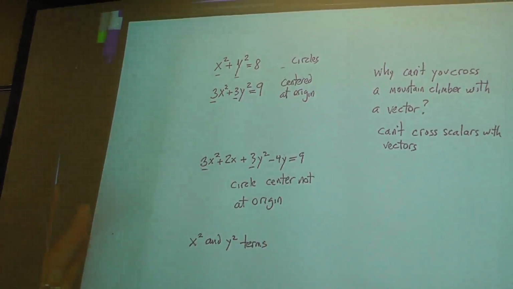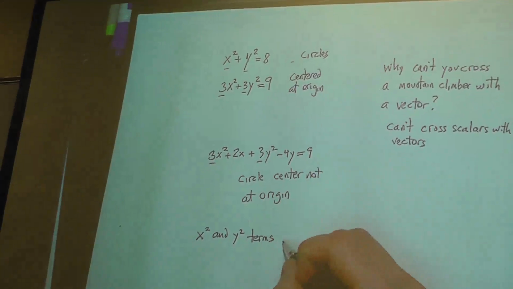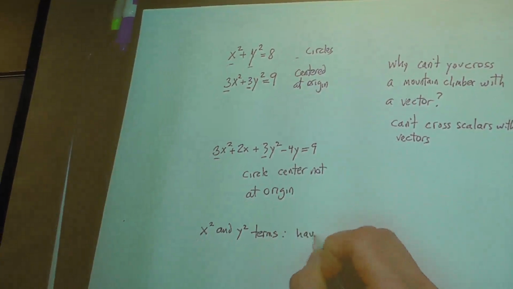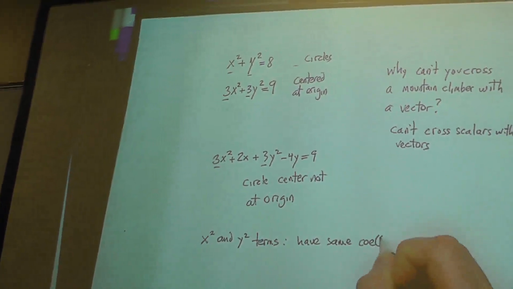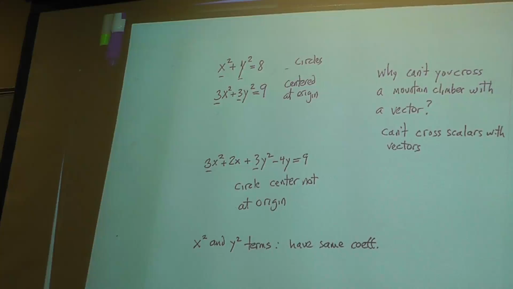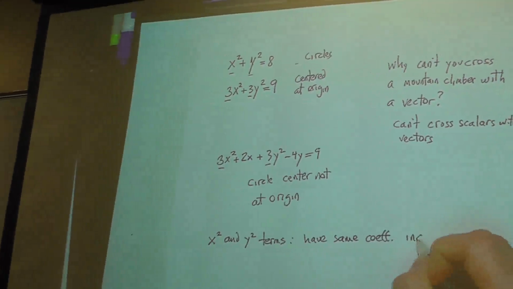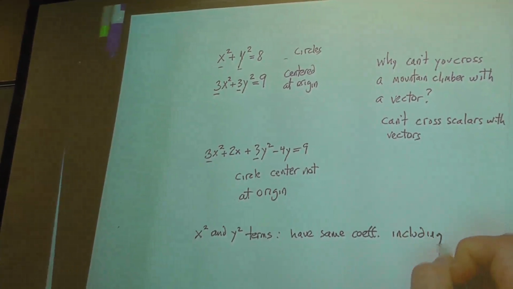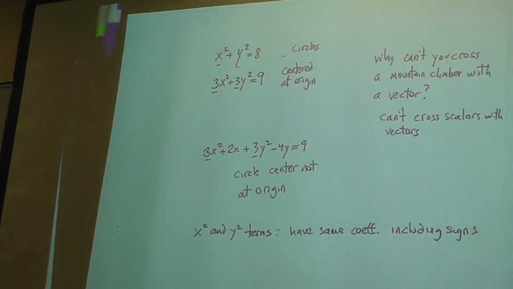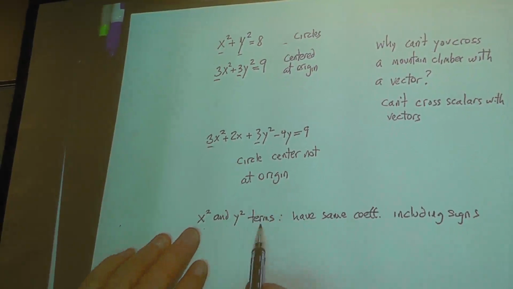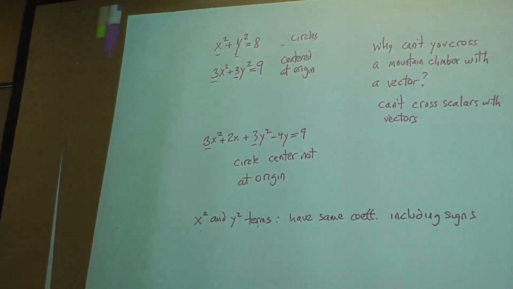When they're on the same side of the equals, they have the same coefficients, including sign. And anytime I'm talking like this, they're on the same side of the equal sign.